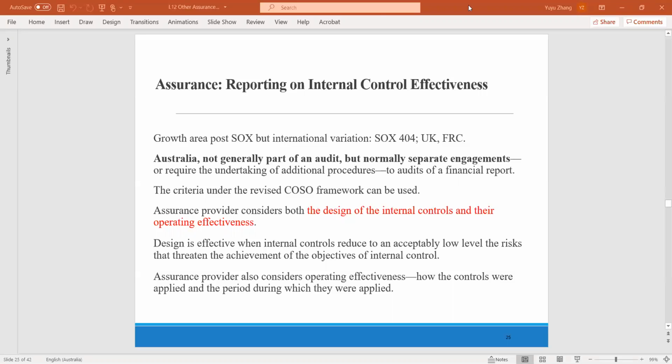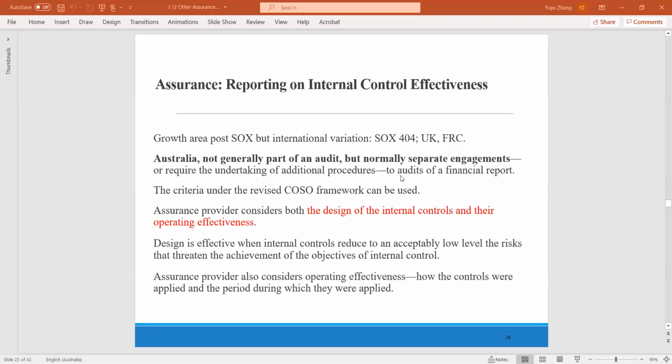One thing I want to emphasize for assurance over internal control is that there might be two types. One situation is that the company's directors prepare the report on the internal control, and then auditors provide further assurance over the reports prepared by the directors.